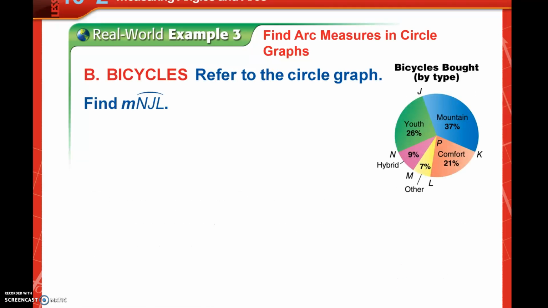We'll do one more of those. NJL. So we want this whole amount, so everything but the 16%. So I'm going to find out what angle measure is 16% of 360. And then that will tell me what this angle is, and so I can take that from 360 to find what the angle of the arc is.